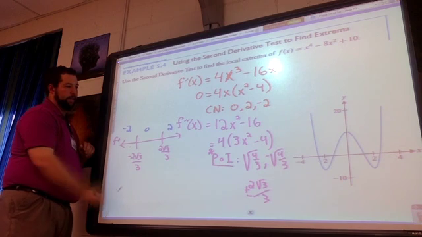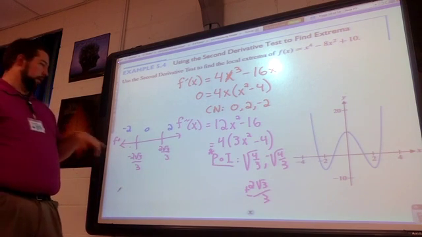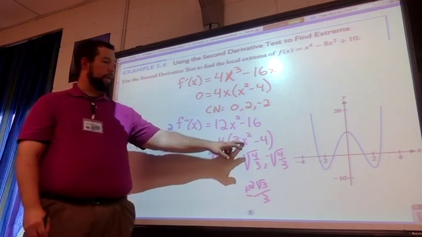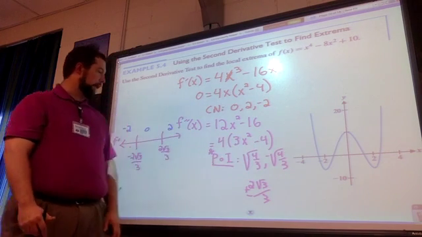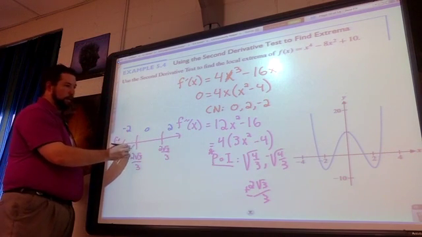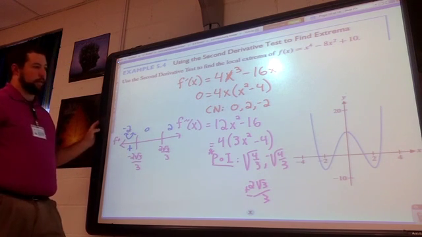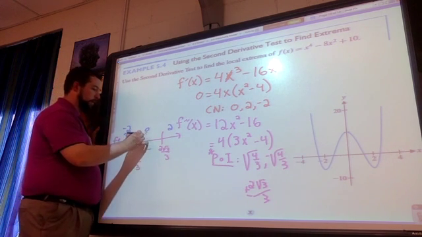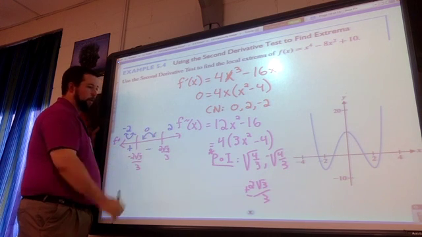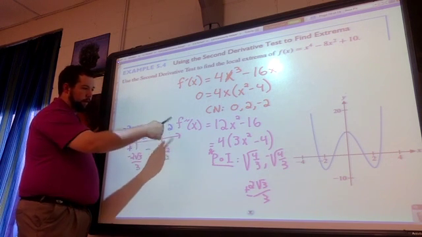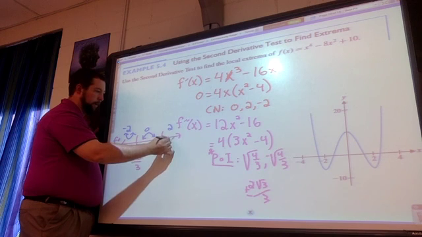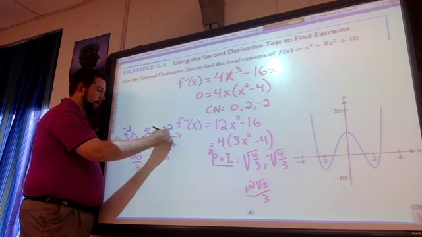If I plug a negative 2 into the second derivative, that's going to give me 12 times 4 minus 16, which is positive, so it should be concave up in the first section. At 0, it's going to give me a negative in the middle, so it's concave down. If I plug a 2 in, that's also positive, so concave up.